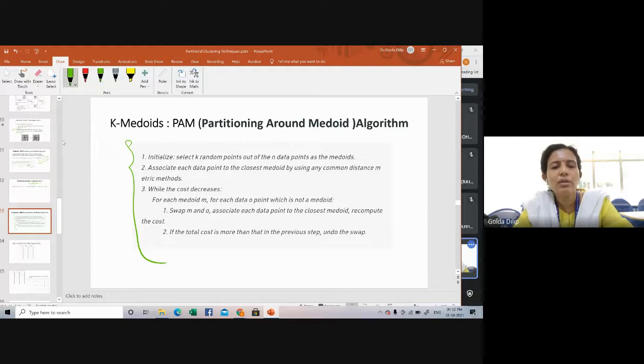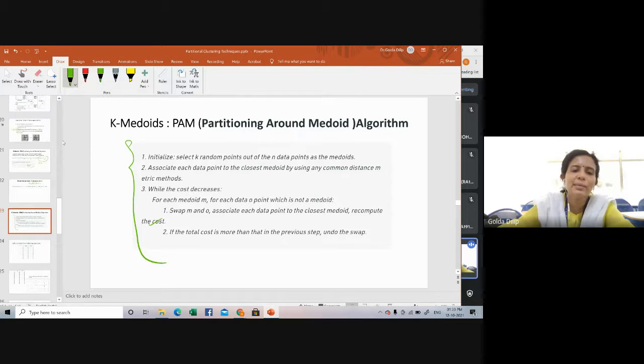Then, while the cost decreases, for each medoid M and for each data point O which is not a medoid, swap them. That is, swap your medoid and the data point which is not a medoid. Associate each data point to the closest medoid and recompute the cost.